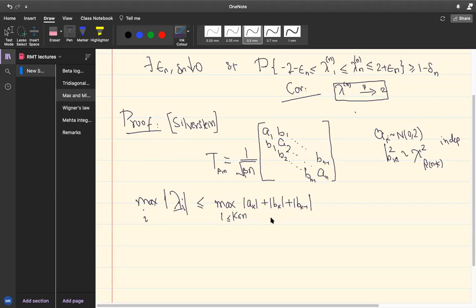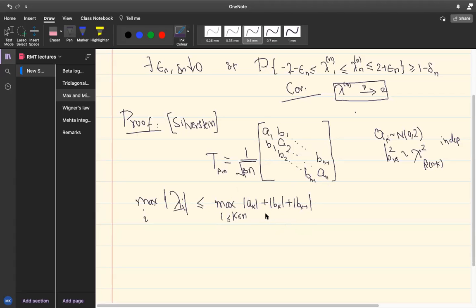These are the absolute row sums. B0 is 0. The first row sum will be mod A1 plus mod B1, and the second one is absolute B1 plus absolute A2 plus absolute B2, and so on. So the maximum of this is a very simple fact in linear algebra, that the eigenvalues are bounded by these numbers.